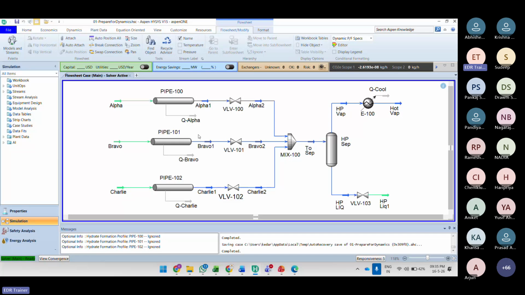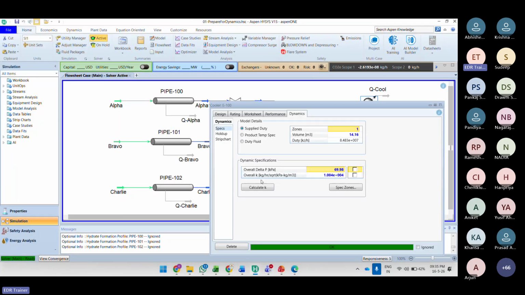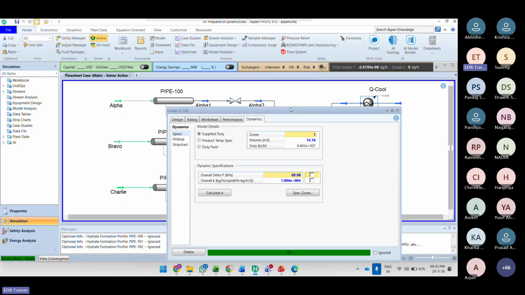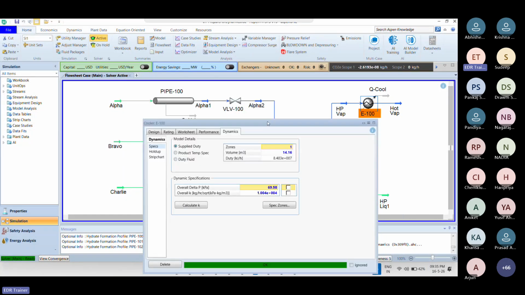One more thing is the resistance or the K equation that we are talking about. We know the resistance equation for the control valve. The control valve is basically the CV, whereas this particular equipment also causes a pressure drop.